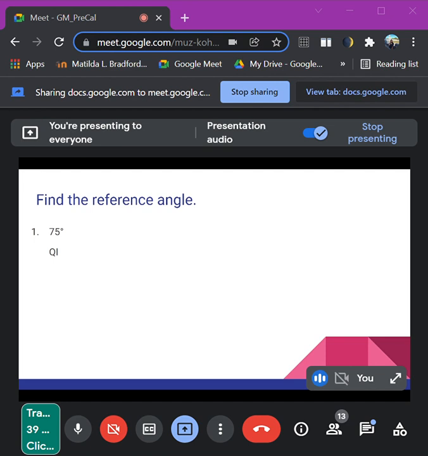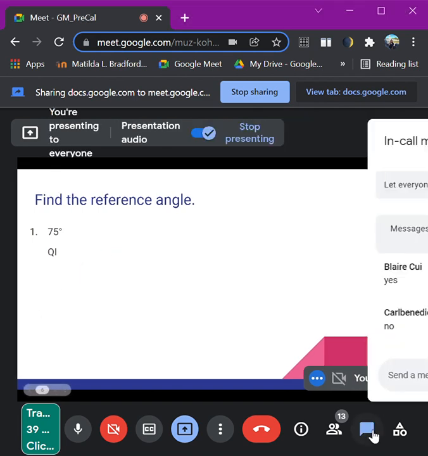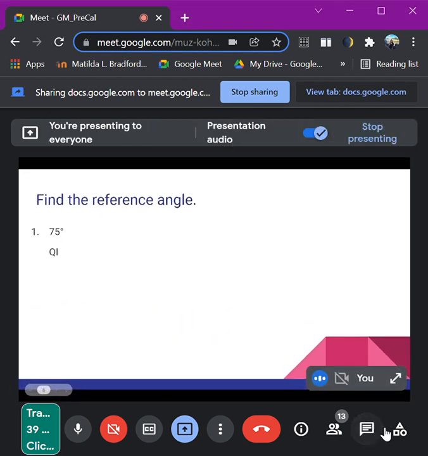So, in quadrant 1, class, what is the reference angle? What is the formula that we need to use?